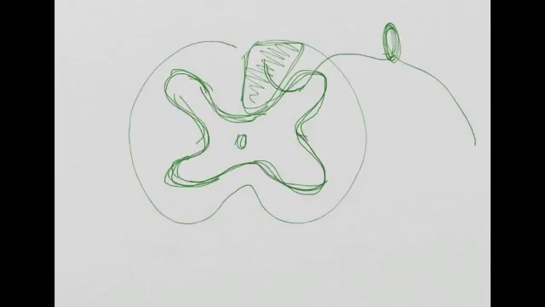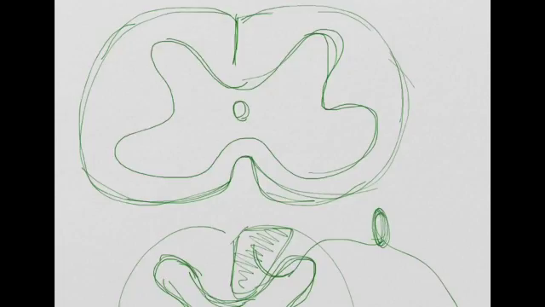The dorsal column tracts won't cross over at this level. They will go all the way up to the brainstem before they synapse on a second order neuron to cross over to the contralateral side. It is worthwhile to note that the tracts will be larger as we go rostrally in the spinal cord, as more and more sensory nerves are added from higher up the body.